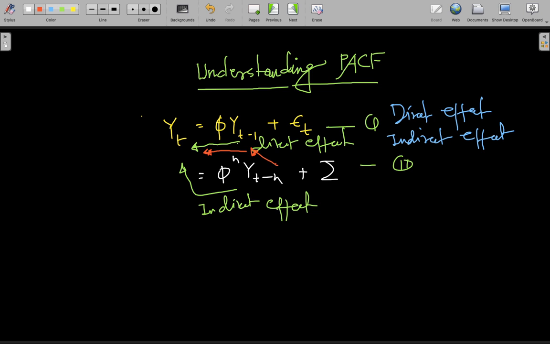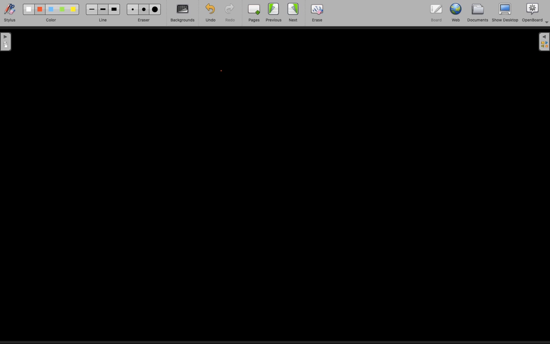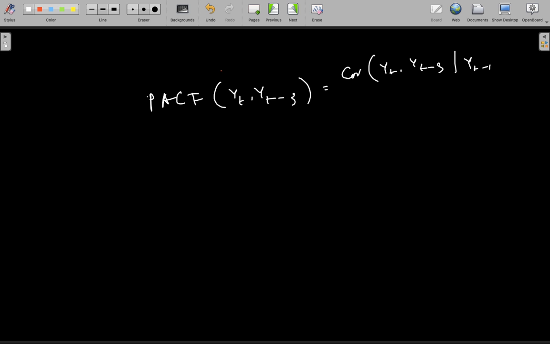When I say I can express PACF with the conditional correlation coefficient, say I want the PACF between yt and yt minus 3, I will write the covariance of yt and yt minus 3. Now I have to take into account the direct effect of yt minus 1 and yt minus 2.